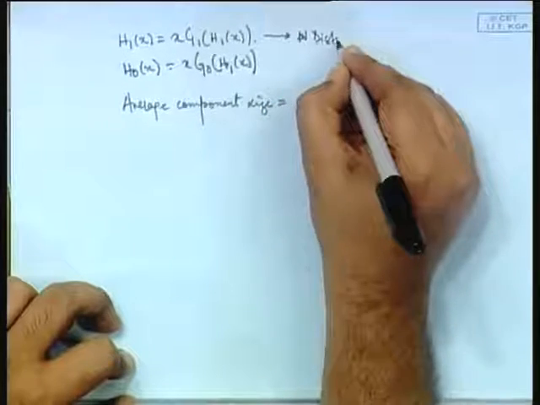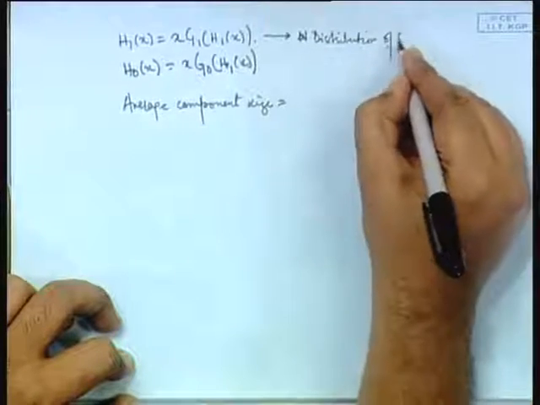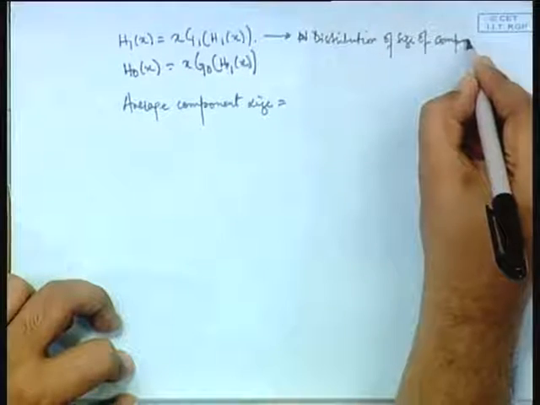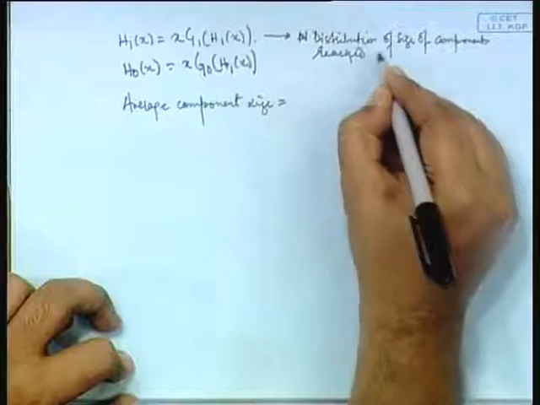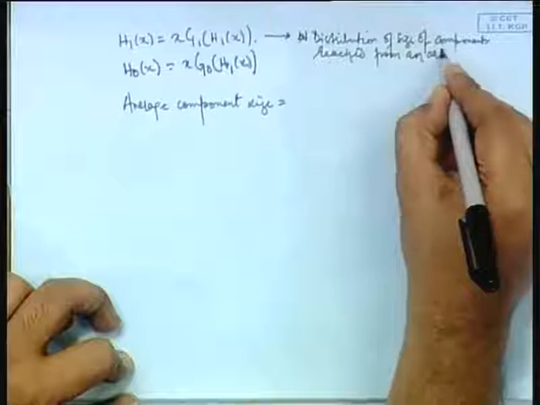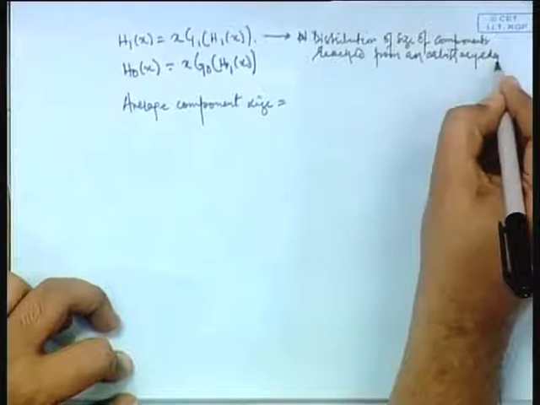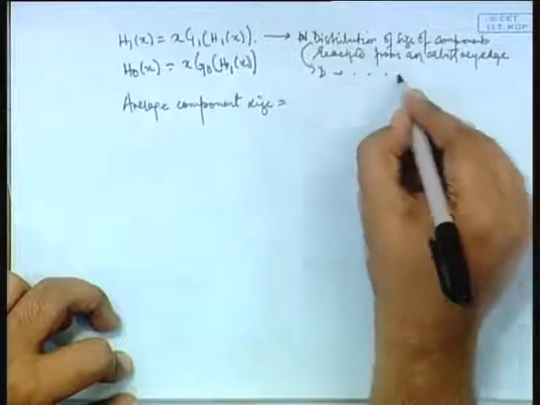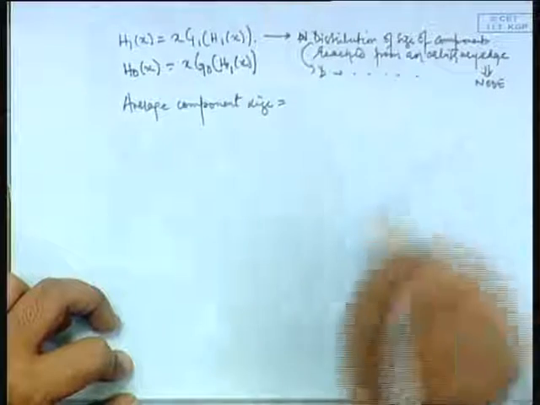Distribution of size of components reached from an arbitrary edge, and this is the same distribution from an arbitrary node.